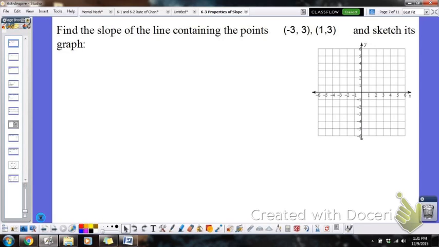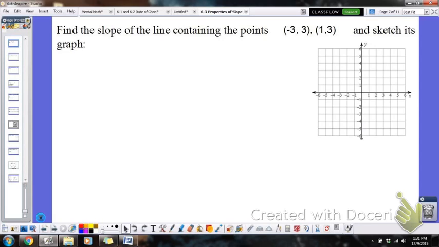So for this slide, we need to find the slope of the line containing the points (-3, 3) and (1, 3), and sketch the line on the graph. So let's first find the slope.